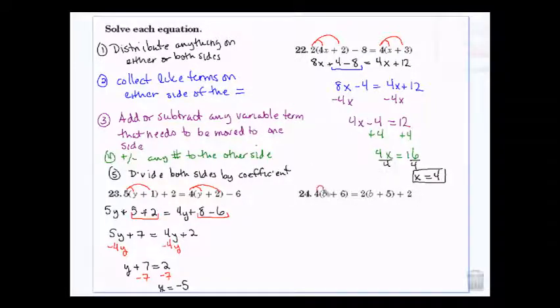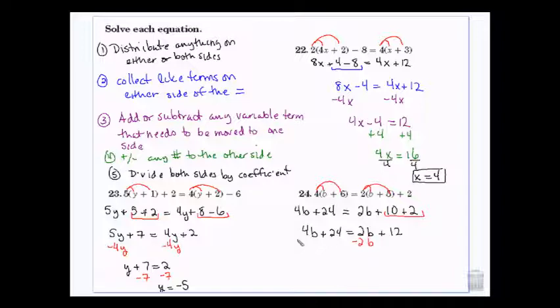Finally, I'm going to distribute this 4 and this 2, and I'm going to get 4b plus 24, and there was nothing else, so equals 2b plus 10, and then there was that plus 2. I only have to collect like terms on one side. So 10 and 2 is 12.